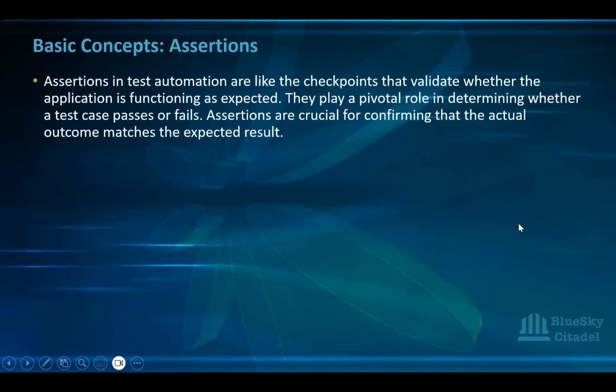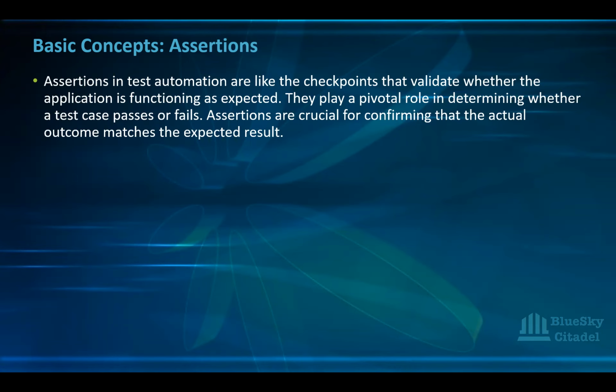So, we are getting to the end of it, assertions. What does assertion help you to do? It helps you to check and validate whether the application is functioning as expected. Sometimes you can assert the successful message displayed after you have completed your registration, or maybe after you have logged in, the one that says, oh, you're registered, thank you for registering with us, we'll get back to you.